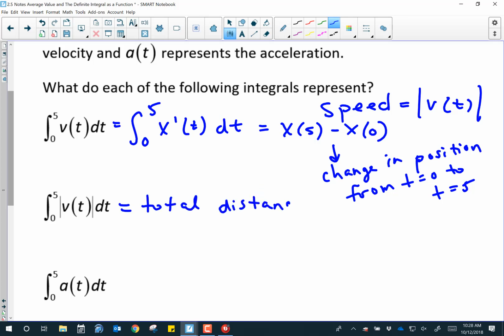So what you're going to have to do on the problem set, I think I ask you for this, which is easy to calculate, but this one's a little bit more difficult to calculate. So on the 2.5 problem set, on those first 3 questions, I ask you several different questions. Part A is asking for when the particle is moving to the left.